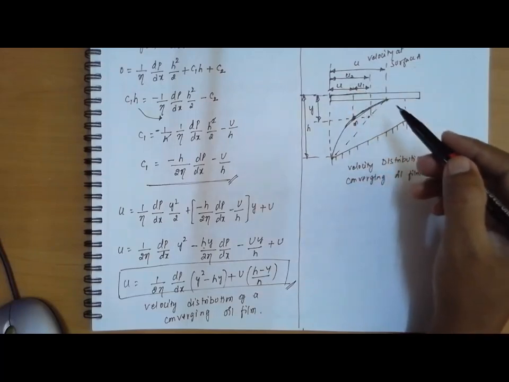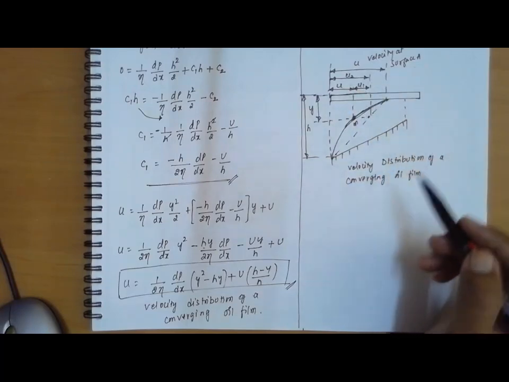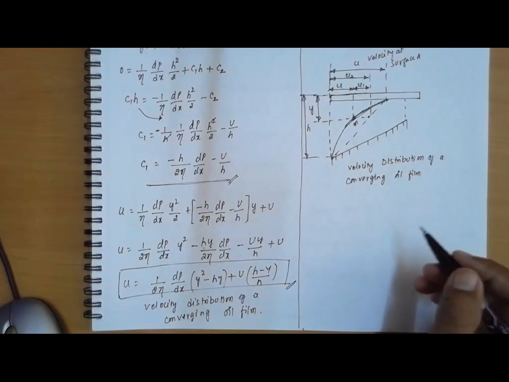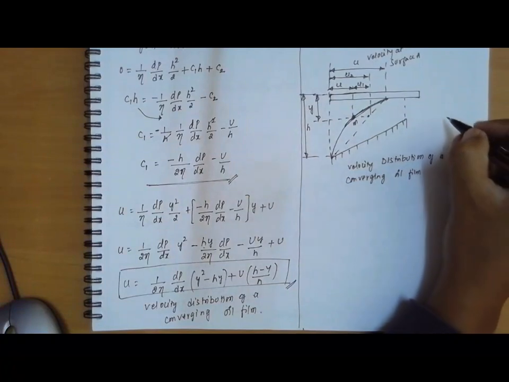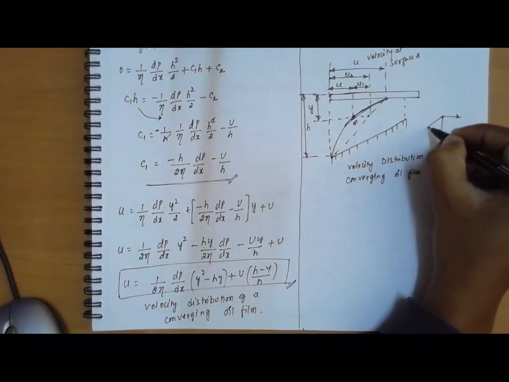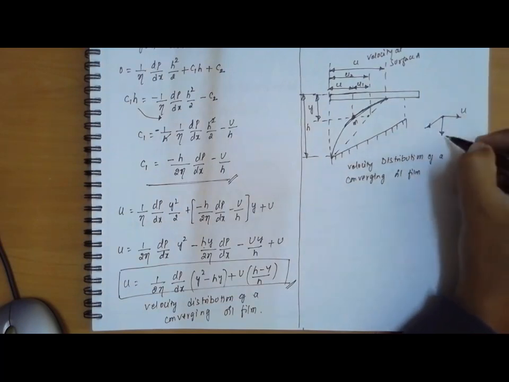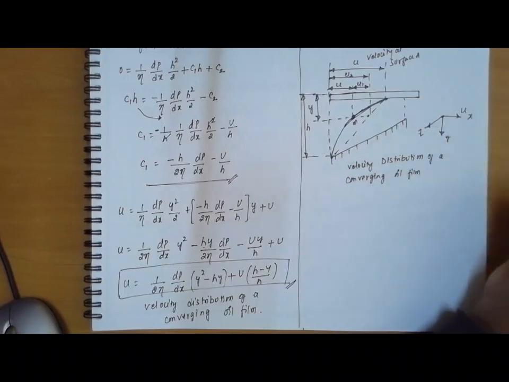So if you draw this diagram, let us consider a three-dimensional flow here. So this is u, this will be v, and w, in the x, y and z directions.